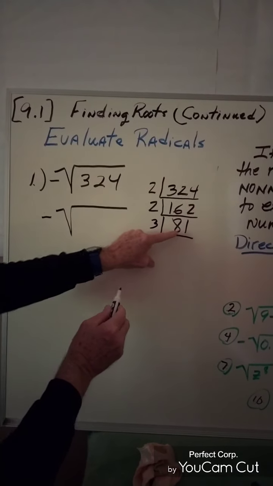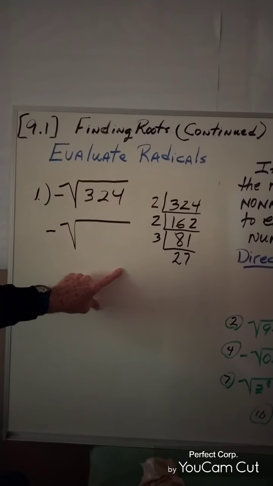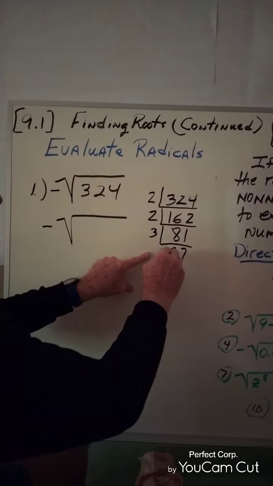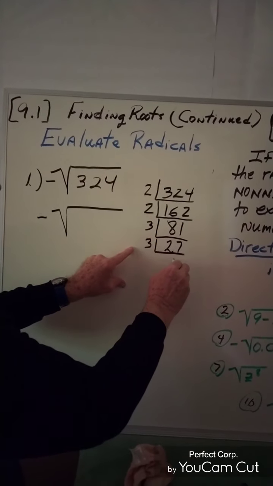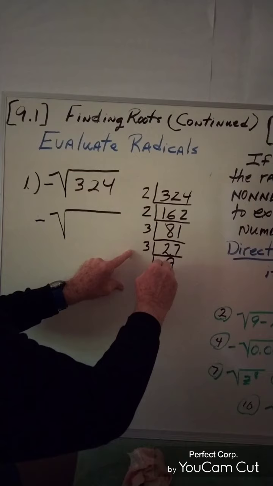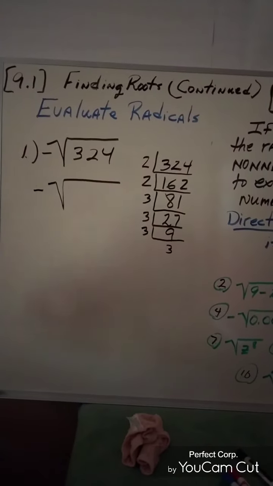And 3 will divide into 81 27 times. And if we divide it again by 3, it'll go 9. And if we divide it one more time by 3, it'll go 3 times.